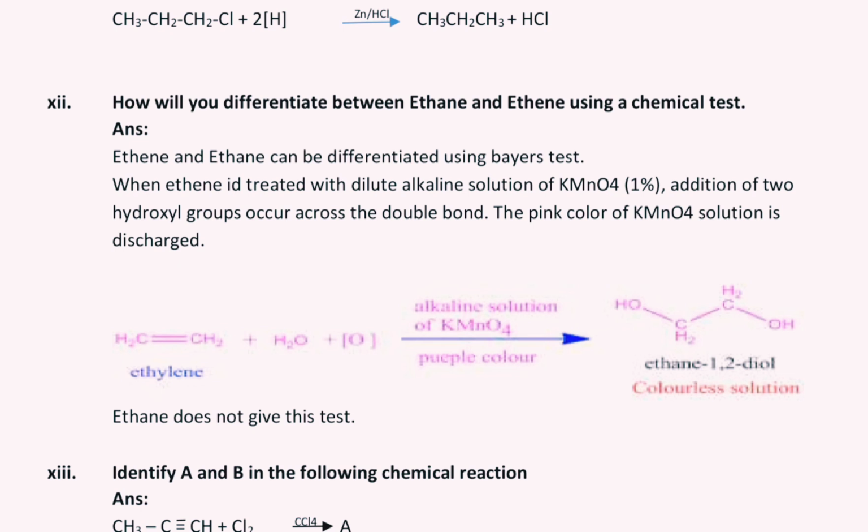Then the next question is, how will you differentiate between ethane and ethene? Obviously, what you want to differentiate is the double bond and a single bond, because otherwise they are the same. So if it's a double bond, obviously there can be a hydrogenation reaction, or any sort of addition reaction you can do here. And if there is any reaction which shows a color change, that is obviously the testifying section of it.